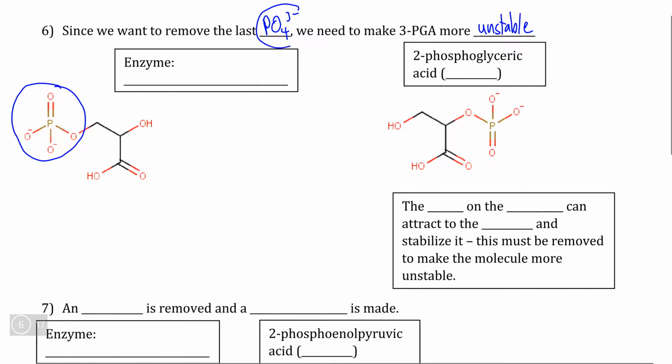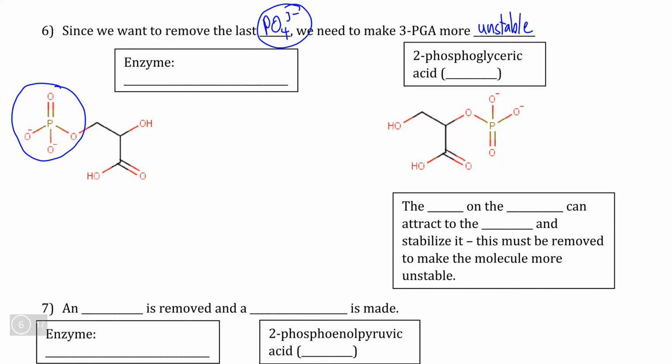We want to make changes to the structure of 3-phosphoglyceric acid in order to make this phosphate as easy to remove as possible, only we're going to be doing it in a different way because we don't want to use ATP to add any additional phosphates to this.